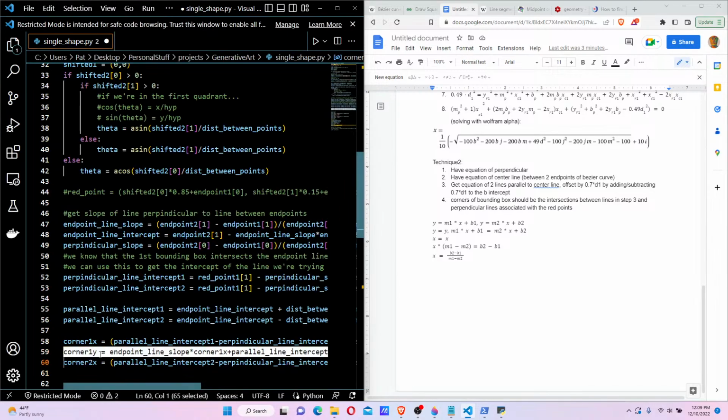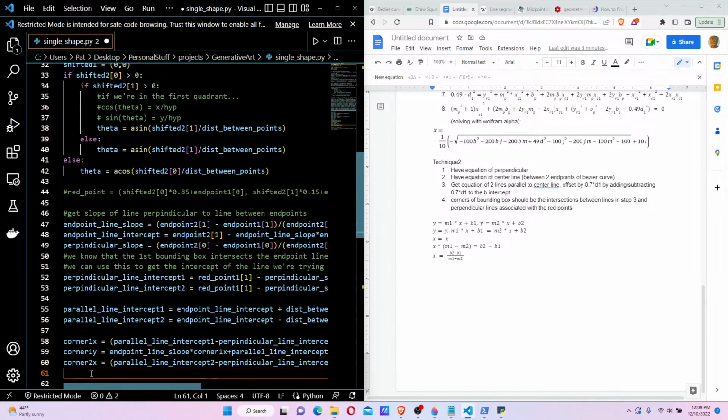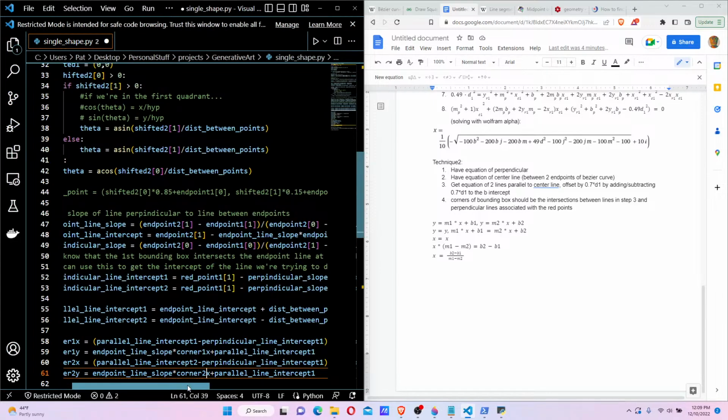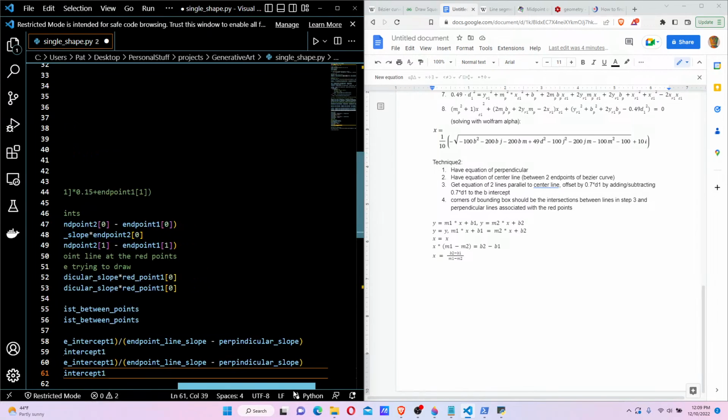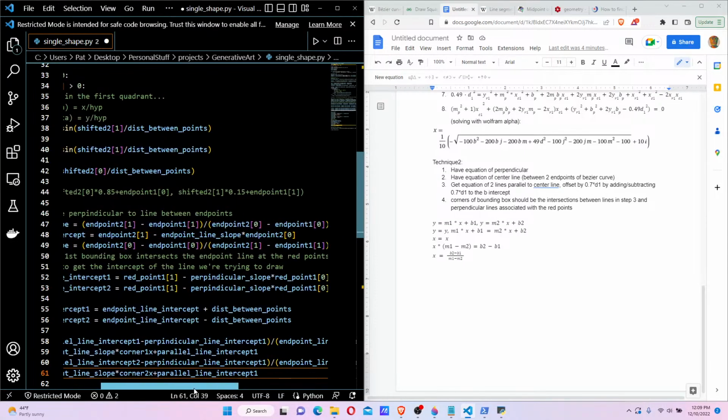Then corner 2 y is endpoint line slope times corner 2 x plus parallel line intercept 1. Okay, and do the same thing for the parallel line intercept 2.